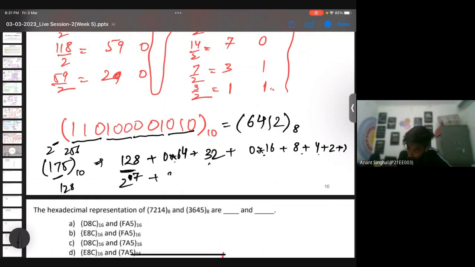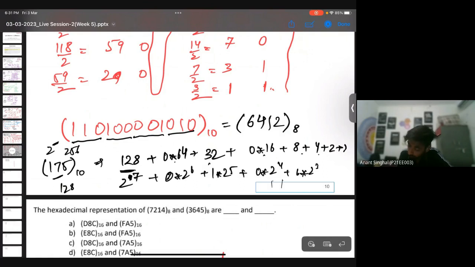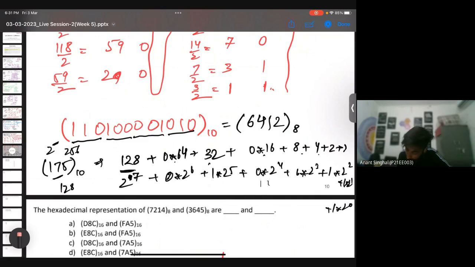Then 0 into 2 to the power 6, then 1 into 2 to the power 5, then 0 into 2 to the power 4, then 1 into 2 to the power 3, and similarly 1 into 2 to the power 2, plus 1 into 2 to the power 1, and then plus 1 into 2 to the power 0. So if I write it, it is 1 0 1 0 1 1 1 1.